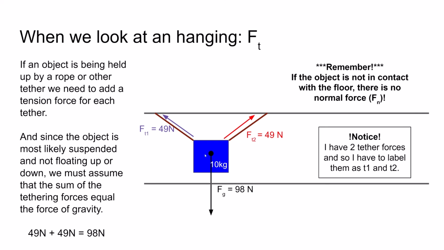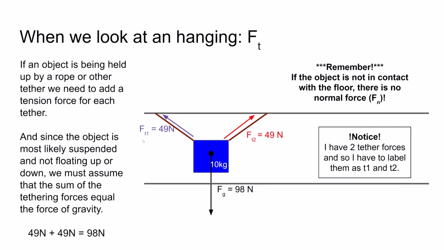That's not how boxes that are held on ropes work. They hang down, they don't float. So we have to assume that the sum of the tethered forces equals the force of gravity pulling it down, because otherwise it would be either going down toward the earth or floating up toward the sky. So these two forces here, if you have more than one tension force, have to equal the force of gravity.